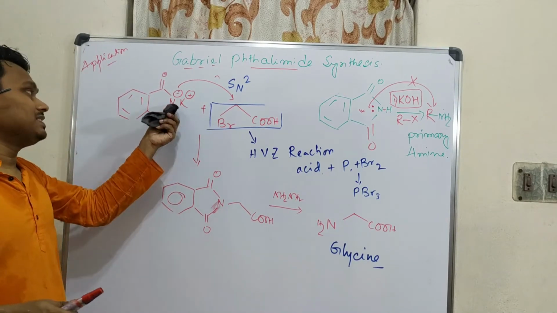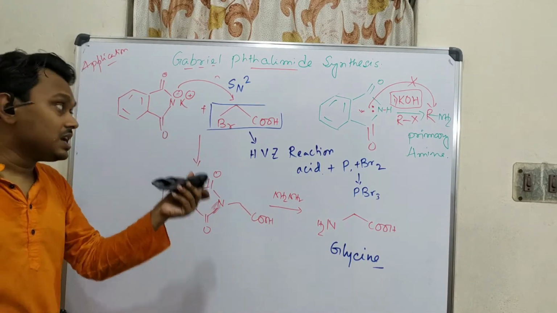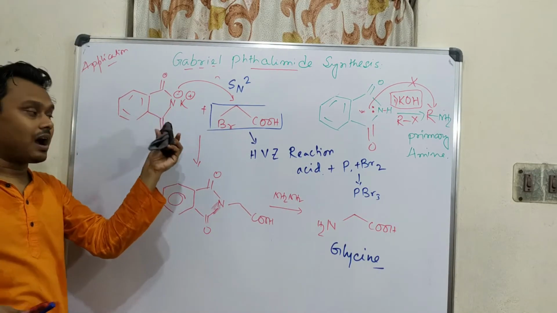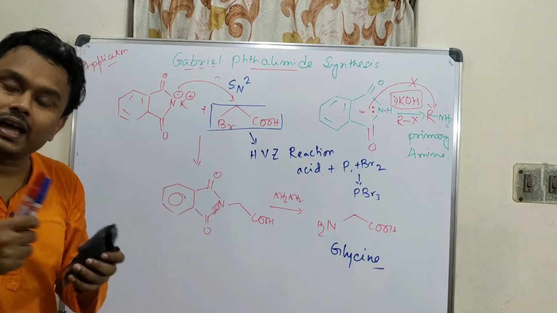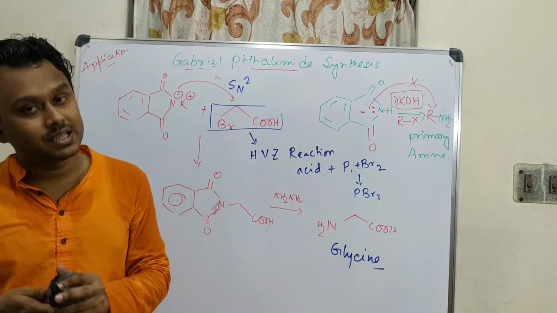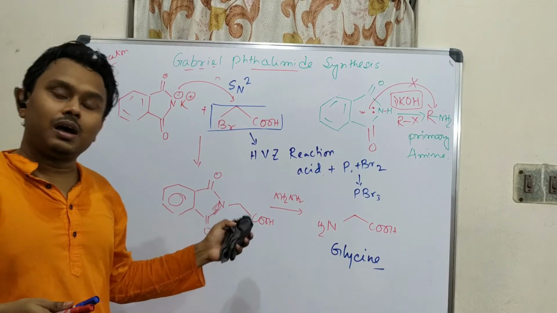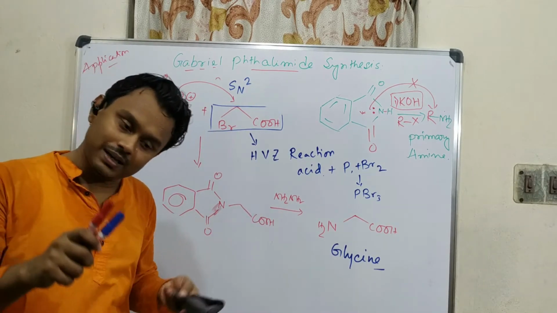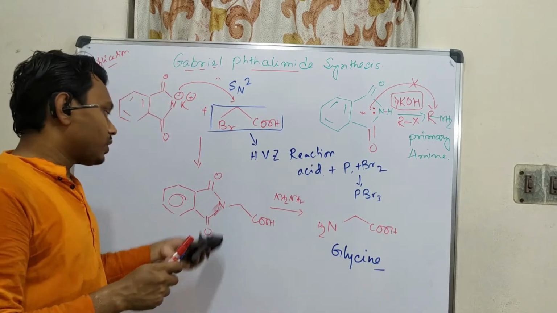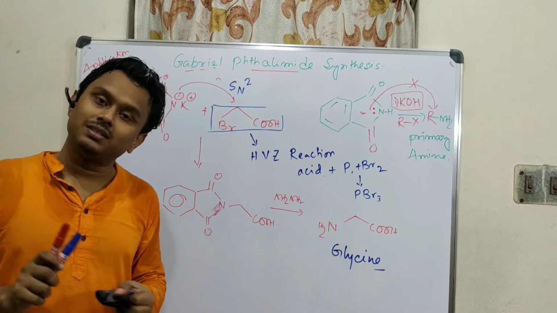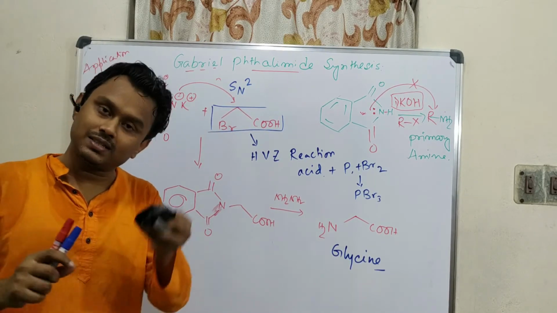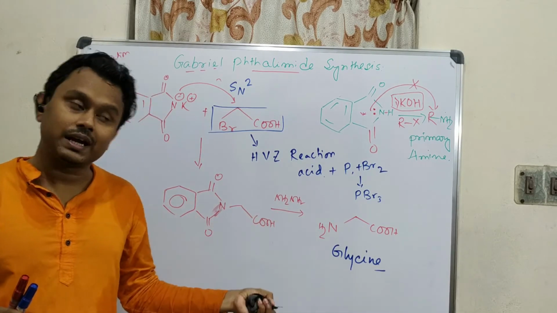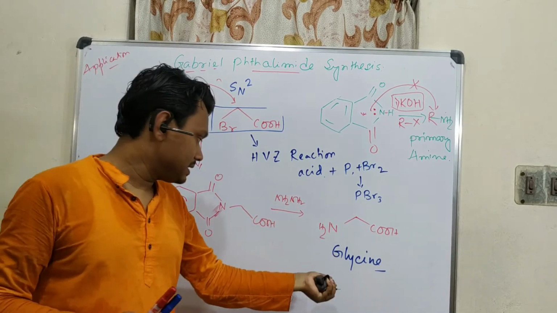Third, since deprotonation is easy, using a base produces this anion, and it reacts with any alkyl halide via SN2 to produce the alkylated species, and finally that is hydrolyzed either by alkali or by hydrazine. Hydrazine hydrolysis is better, as the second step is intramolecular and in the first step the alpha effect is involved for nucleophilic attack. That's why the process is easy.